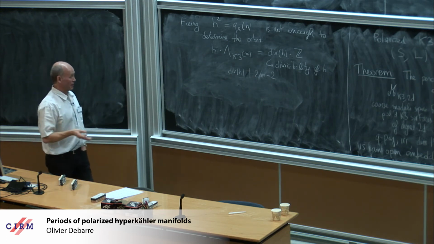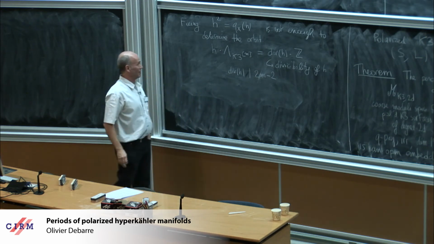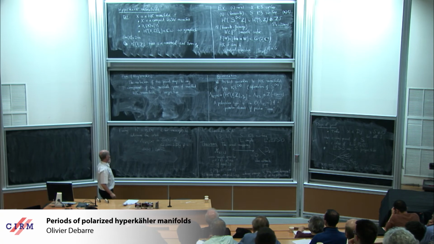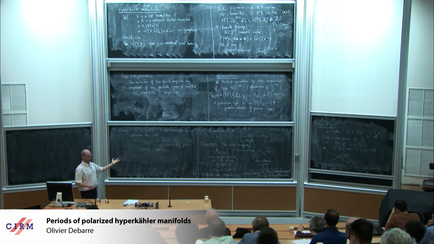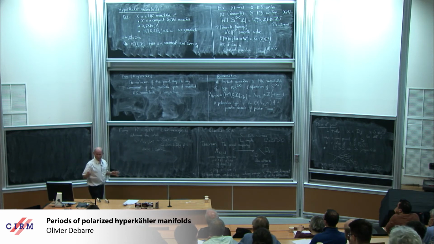But its value can be any divisor of this. And even if you fix the divisibility, it's not enough to fix the orbit. And in some sense, even if you fix the orbit, it's not enough to have an irreducible moduli space. So the situation in general is very complex.